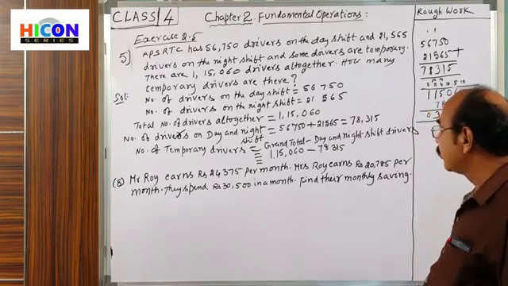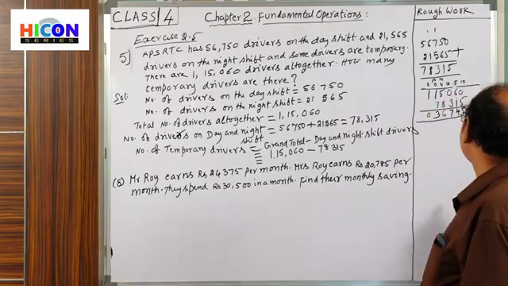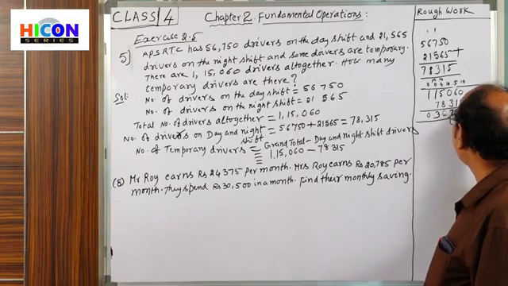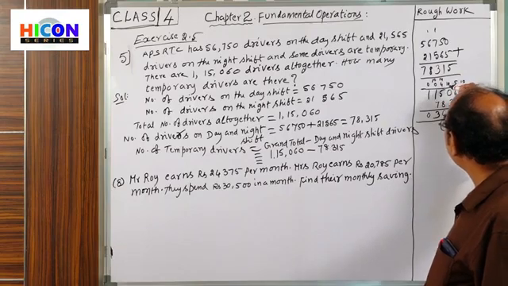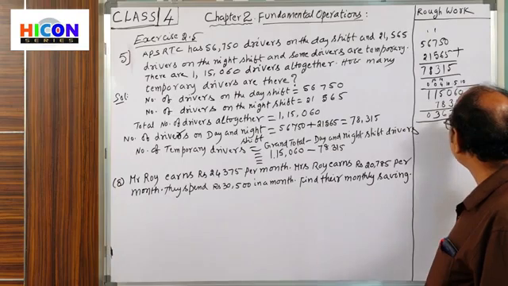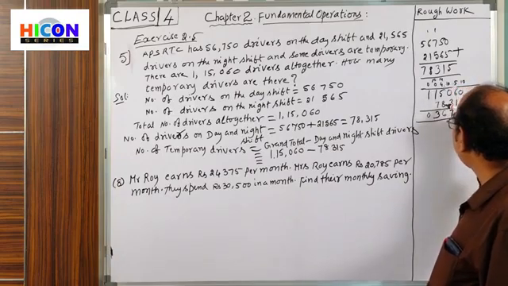Once again, check this subtraction. 0 minus 5, not possible. 10, borrow. 10 minus 5, 5. Here 5 is there. 5 minus 1, 4. Here 3 cannot be subtracted. So that's why borrow taken. So 0 becomes 10 and 5 becomes 4. So 10 minus 3, 7. From 4 we cannot subtract 8. That's why ask borrow. 4 becomes 14.